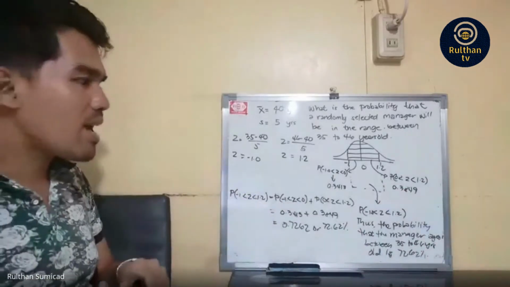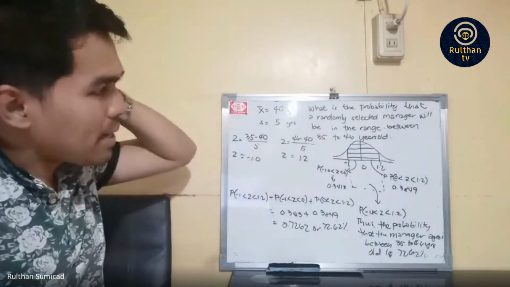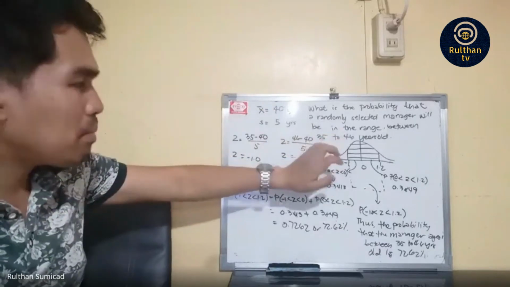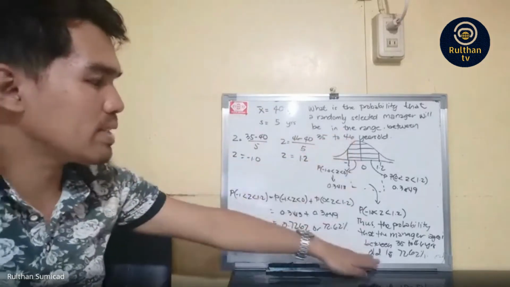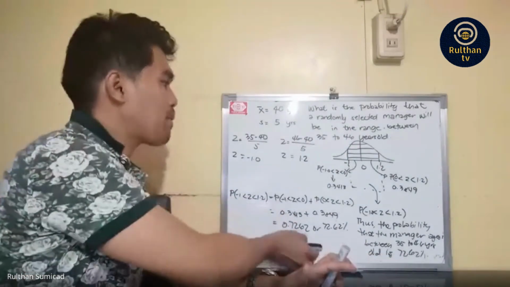So the chance that a randomly selected manager will have an age between 35 to 46 years old is 72.62%.